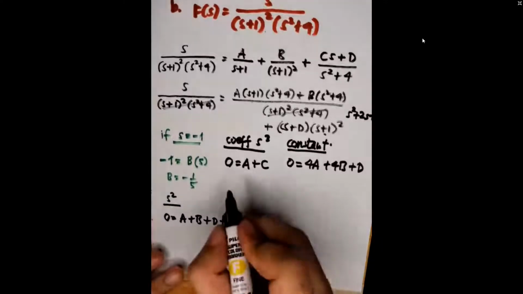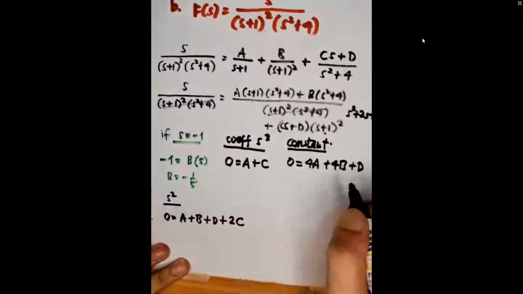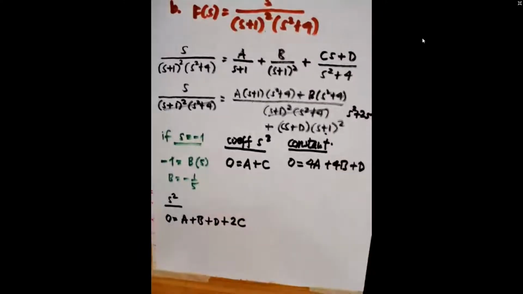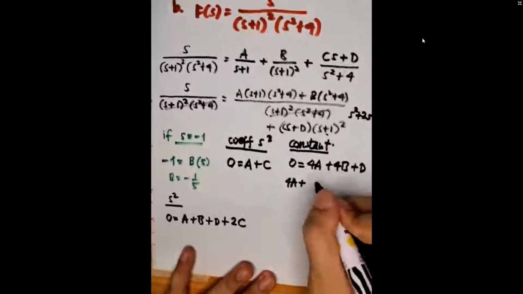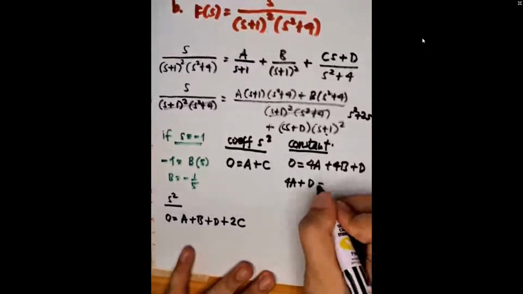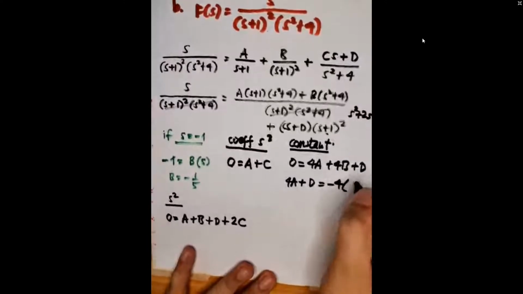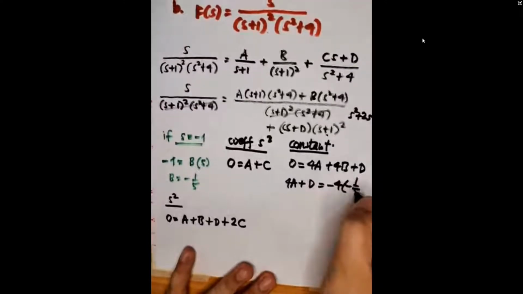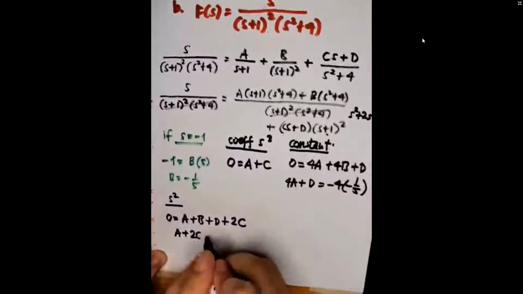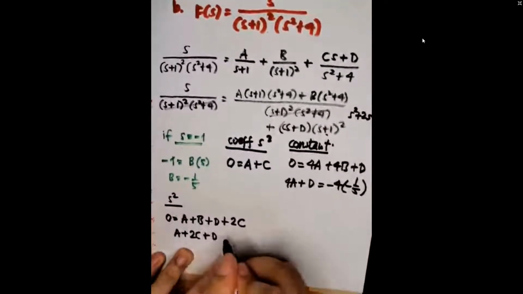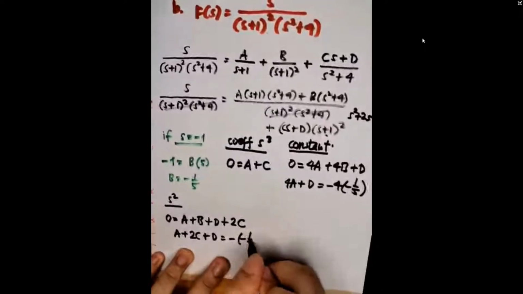Okay, let me try this. So I have A plus C. Hindi ko kayang i-4 equations, so 3 na lang. So this will be 4A plus D is equal to negative 4 times negative 1/5. Ito naman, A plus 2C plus D is equal to negative 1/5.